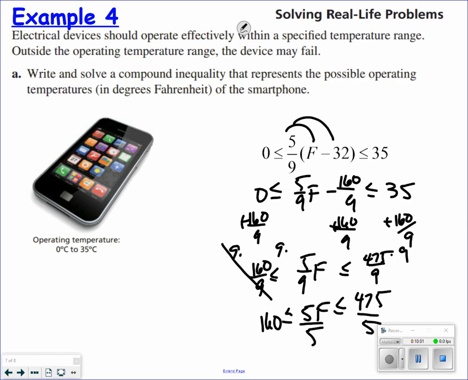Divide everything by 5, and I get 32 and 95. So think about your phone right now. Your phone will operate normally as long as it's between 32 degrees and 95 degrees Fahrenheit.